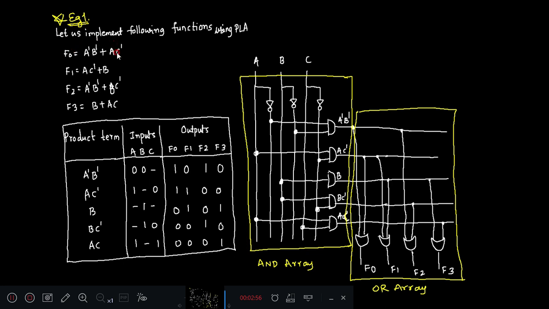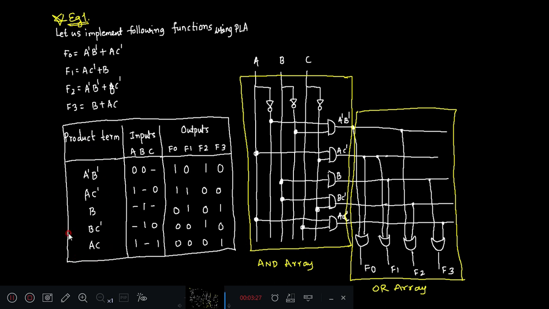So among 8 different product terms available, you identify in total how many product terms we need to implement all these four functions F0 to F3. So a' b' is the first product term, a c' one more product term, then b, this product term, then a' b' is already implemented, b c', okay, b is already implemented, so a c.